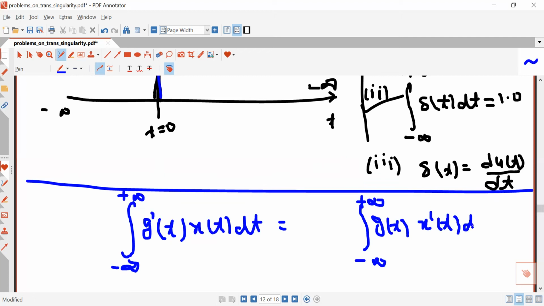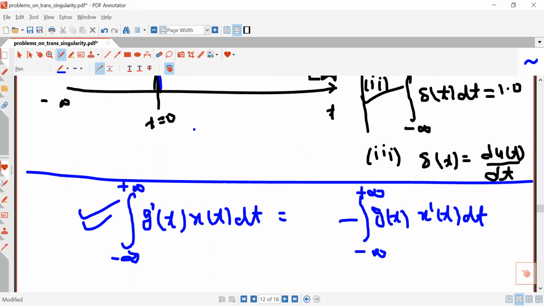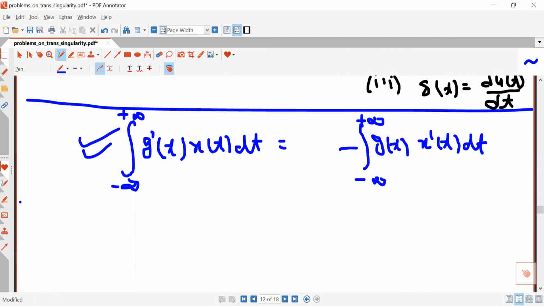These two integrals will be equal to each other with the minus sign, and you can get this through the property of integration. So you must remember this. I will consider this integration in the discussion of the properties of the impulse signal.